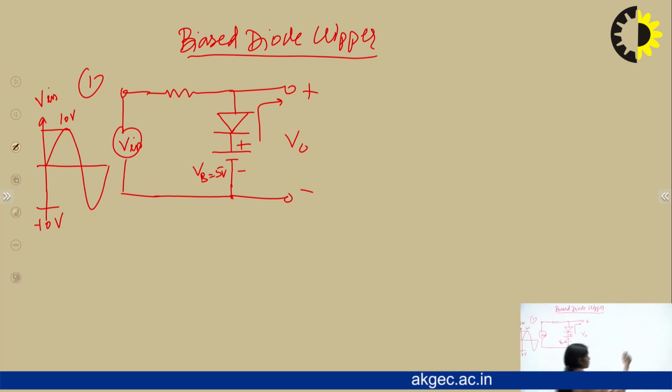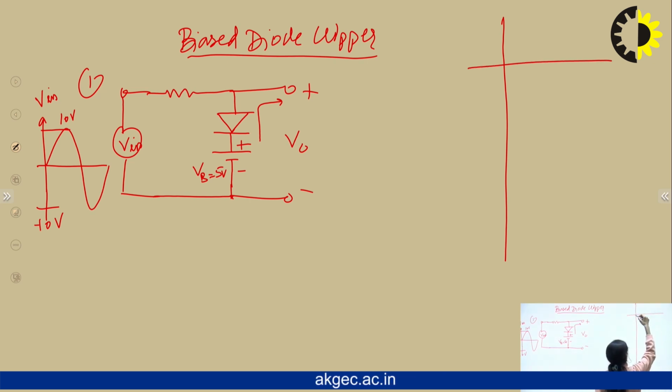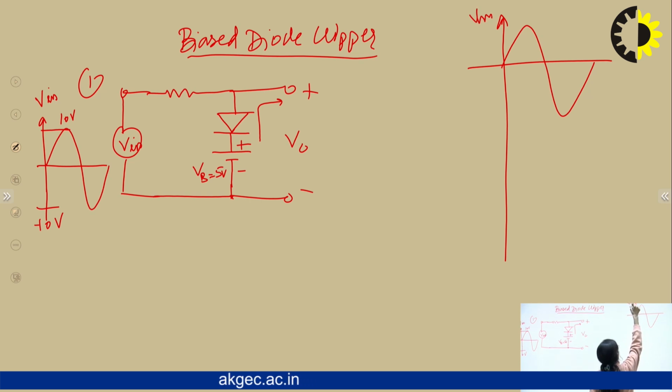So with this arrangement, if we are going to plot the input and output waveform parallelly, we have this arrangement. This is the input and this is the plus 10 maximum volt, this is minus 10. So in this again, as we had done in the series diode clipper, we had marked the DC battery level.